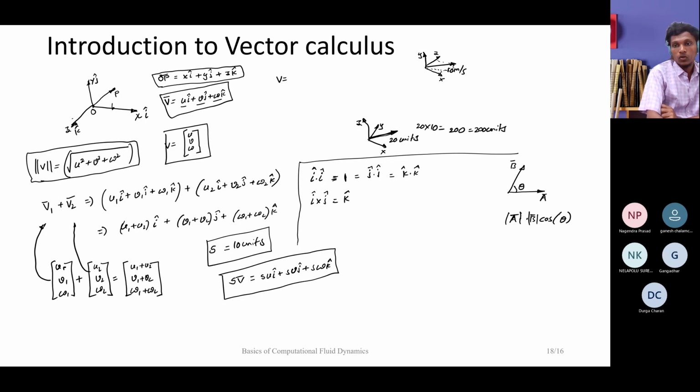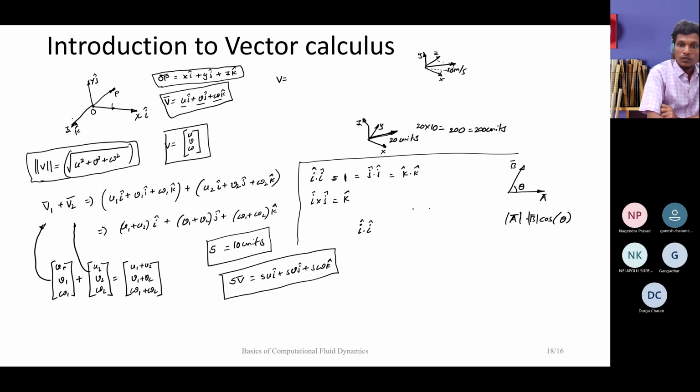Only if the angle is 0 between these two will you get the direct multiplication of the magnitude of vector a and vector b. Now see, I am doing a dot product between i and i. i is the vector in the x direction, and this is also i, a vector in the x direction.